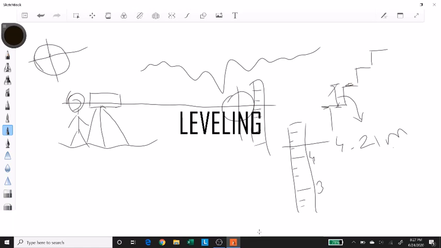Now, this value in itself doesn't give you much, but when you compare it with some other value, keeping your instrument at the same location, that is where it gives you elevation difference between 2 points. So let's say that I place my instrument over here, and I have this line of vision.